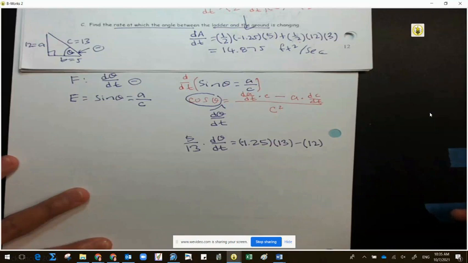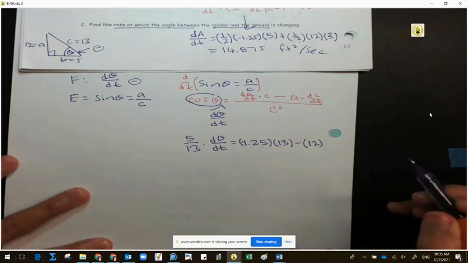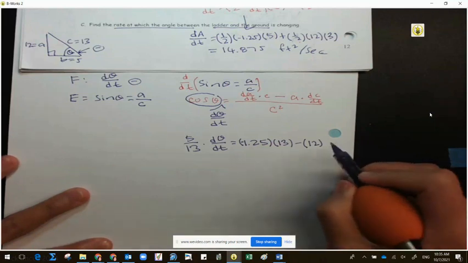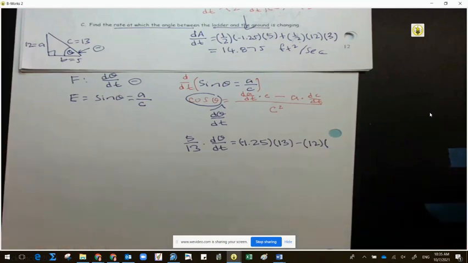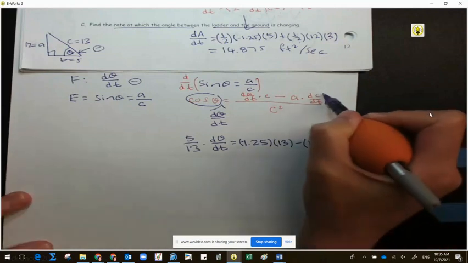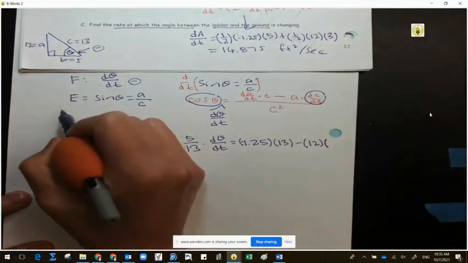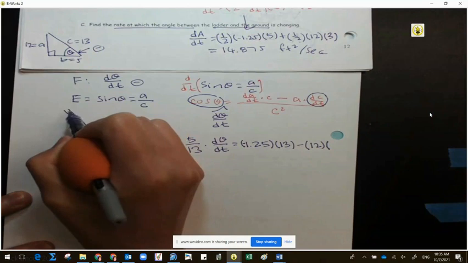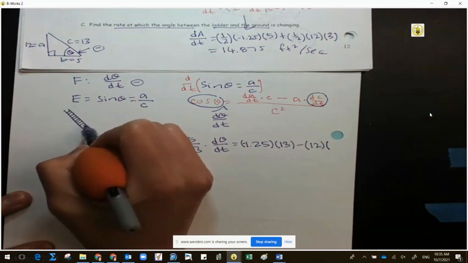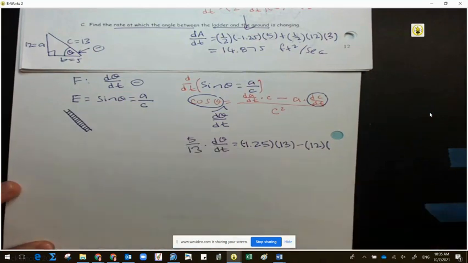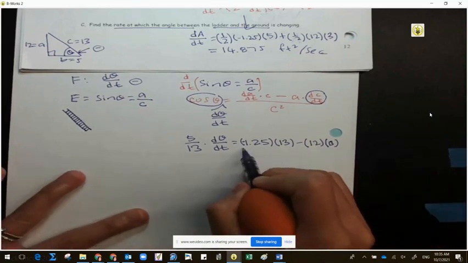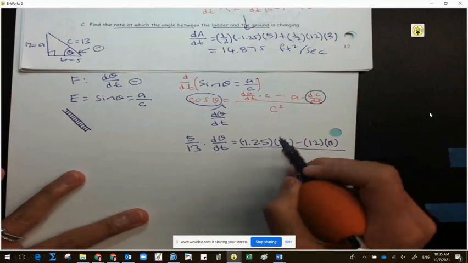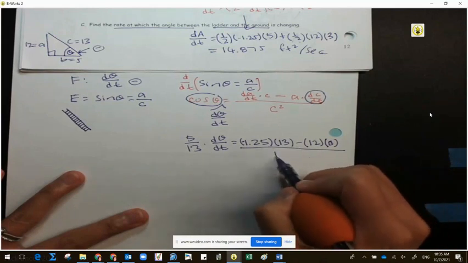And then we also found dB over dt. Actually, did we even find dc over dt? If the ladder is leaning, can the ladder ever grow? If the ladder is constant, it's not going to grow. So that means we have 0. So we have all divided by c squared, and our c squared happens to be 13 squared.